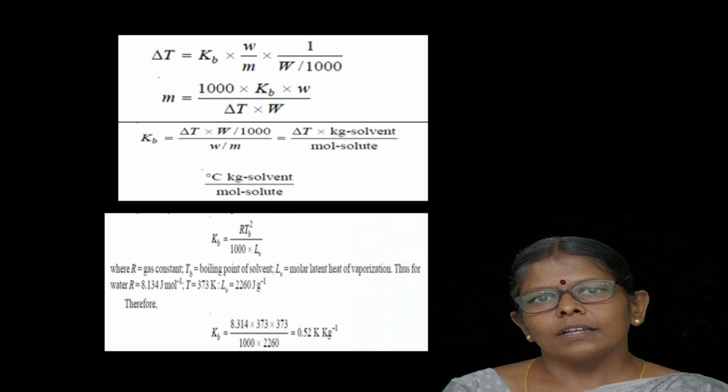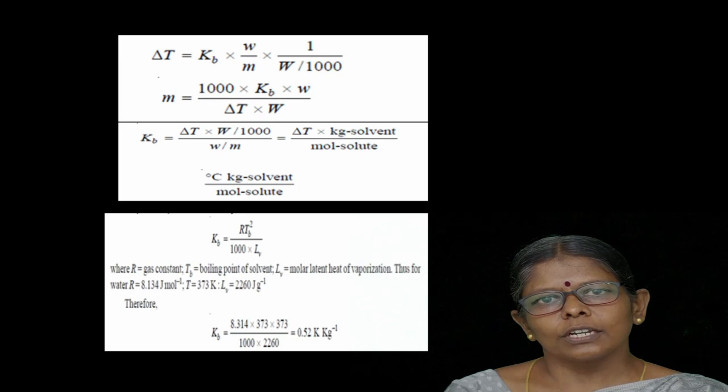Moreover, the molecular weight of the solute can be determined by the Cotrell's apparatus, which is an important instrument devised by Cotrell making use of the Beckmann thermometer, thereby determining the elevation of the boiling point. The elevation of the boiling point is also an important parameter which we apply in our day-to-day life. Thank you.